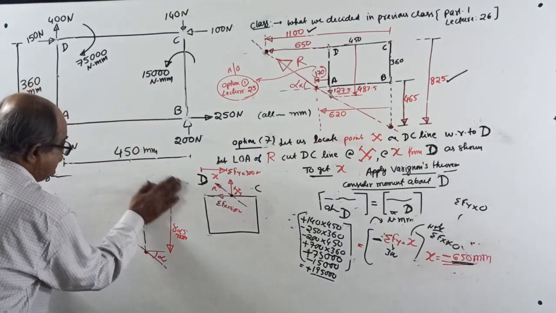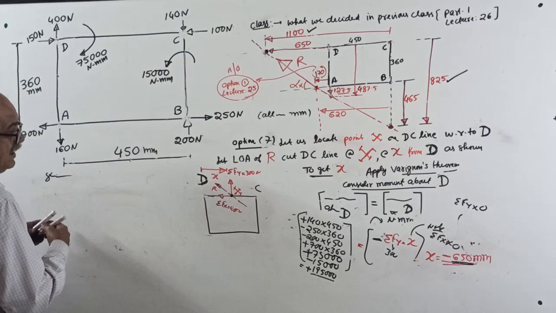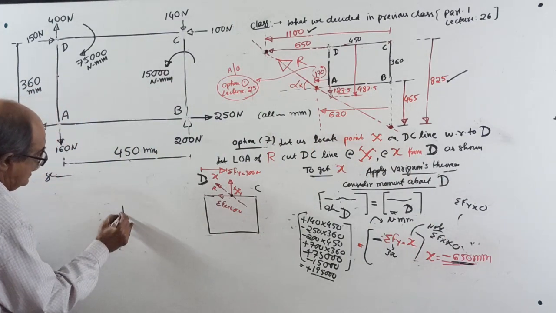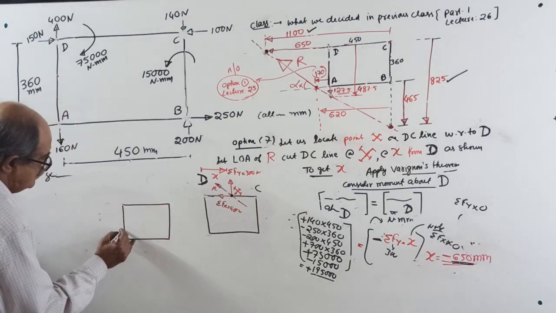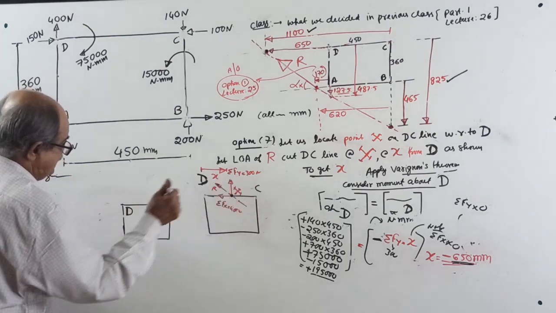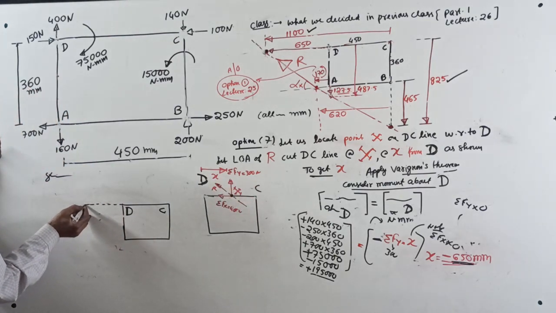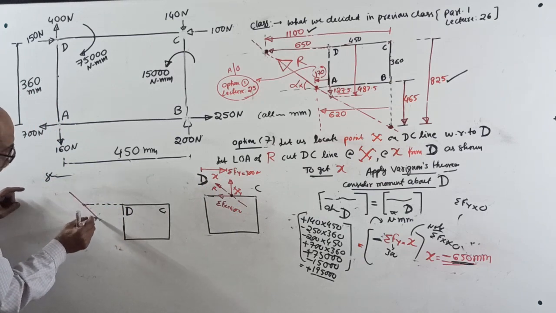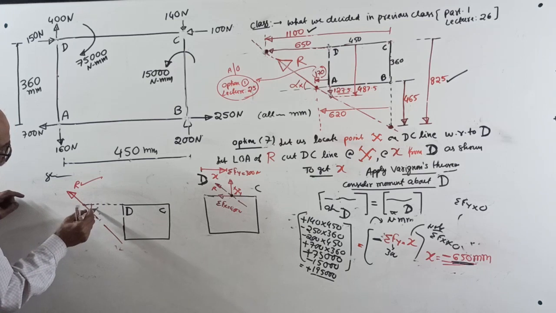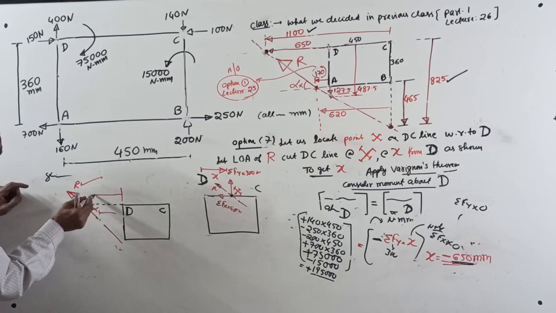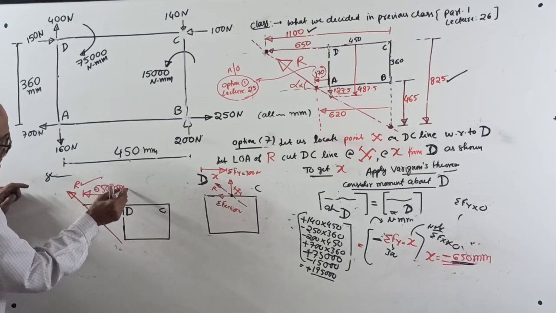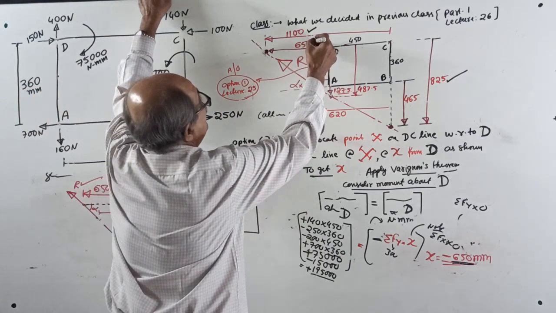Therefore, the resultant for the given force system is as shown below. This is D, this is C. From here, not right side, come left side by 650. Here the resultant will pass. Write the answer. Angle you write yourself.